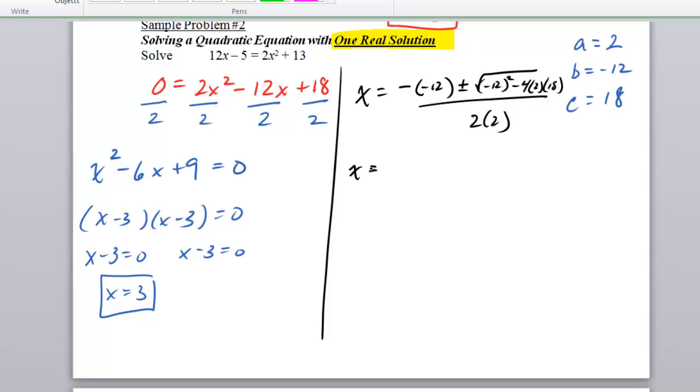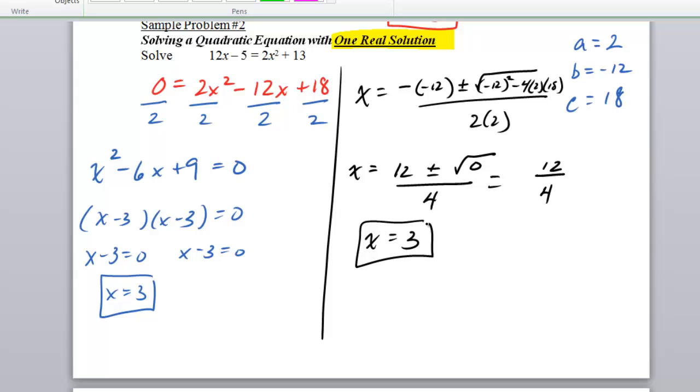That's going to leave you with 12 plus or minus the square root of 0 over 4, which is going to be 12 over 4. And so then you're just going to get simply x equals 3, in the same way that you did with the perfect square trinomial. So that's a unique situation that you'll see from time to time.